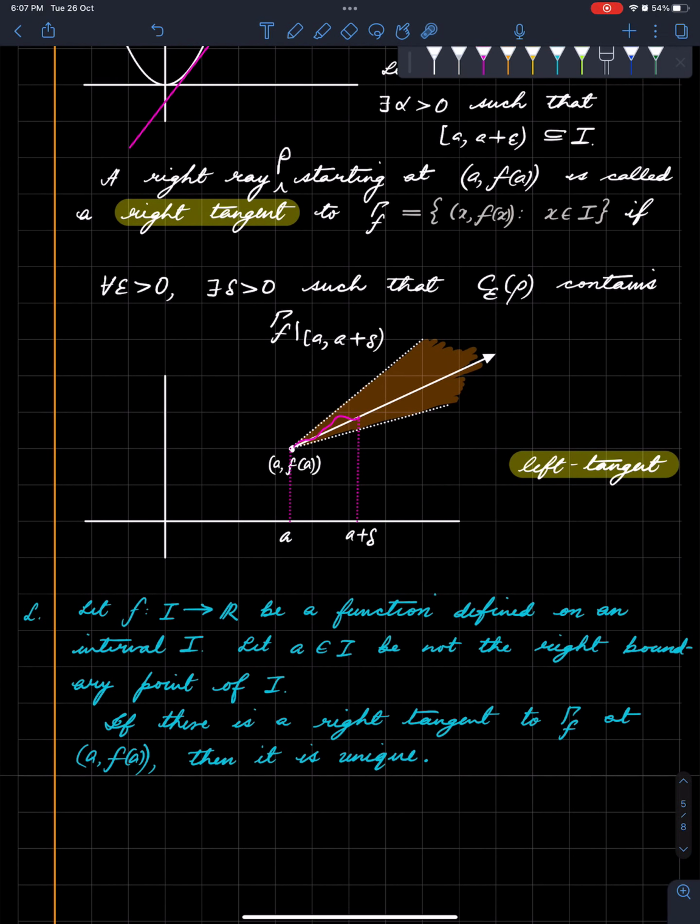So note that here we have the indefinite article, a right tangent. We are not saying the right tangent. We cannot say the right tangent unless we prove that it is unique. The definition a priori does not guarantee uniqueness.